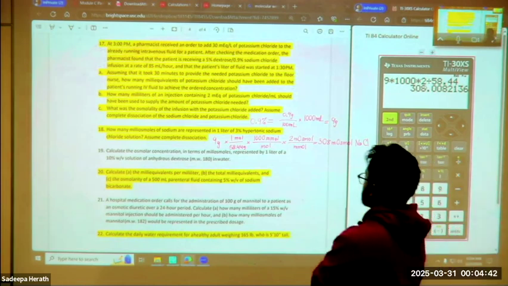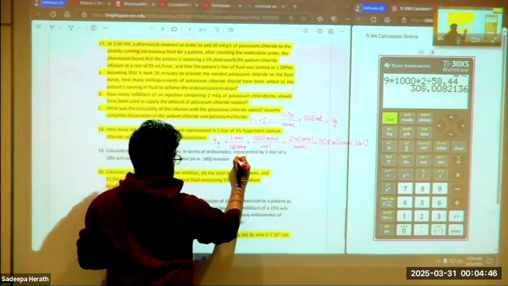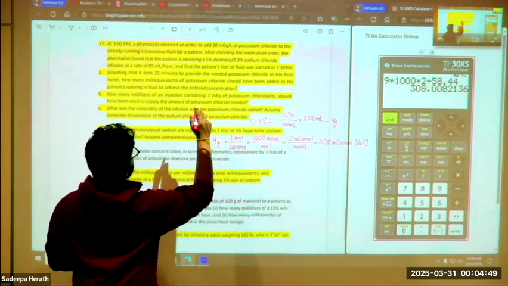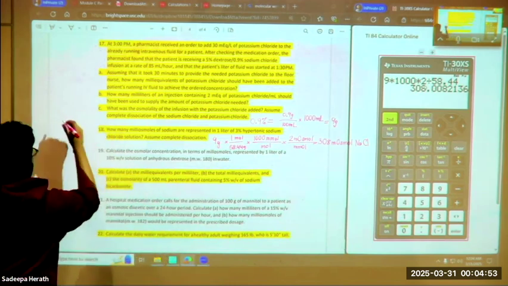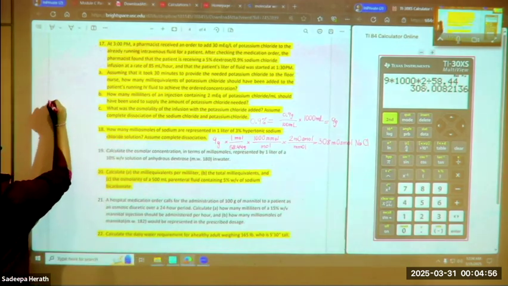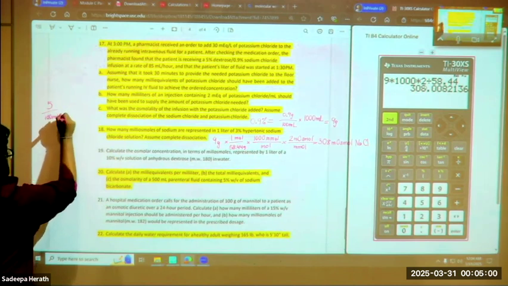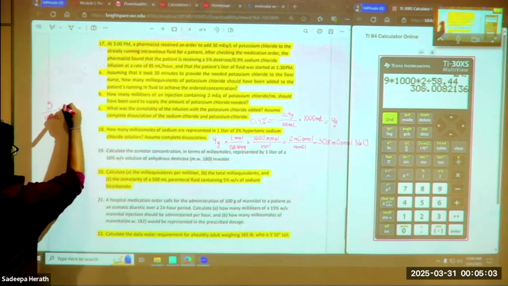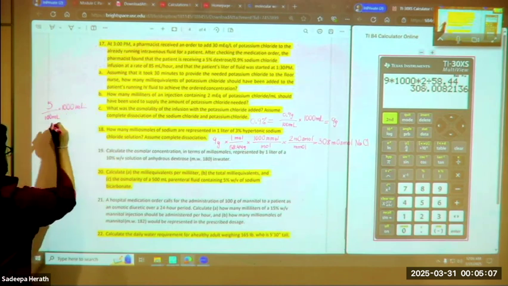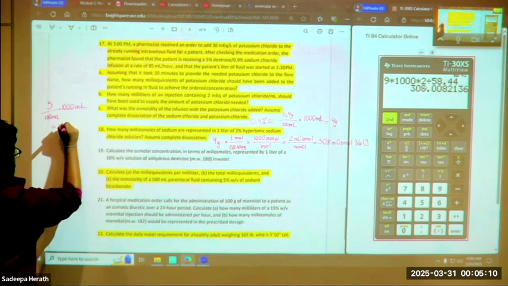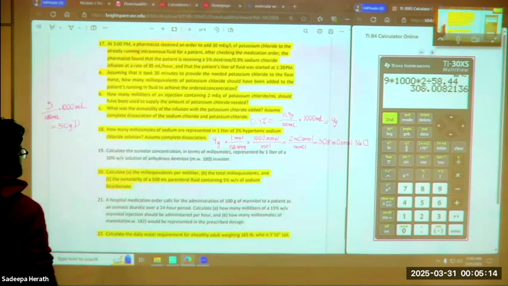All right. So same idea. So 5% dextrose, that's 5 grams over 100 ml times a liter, 1,000 ml. So that equals 50 grams of dextrose.